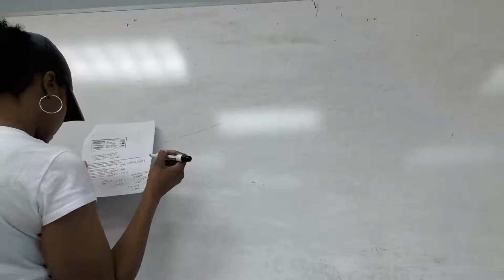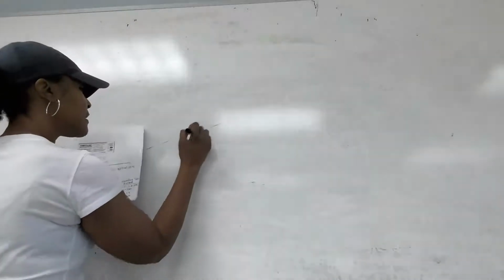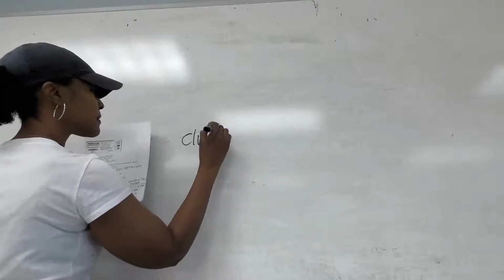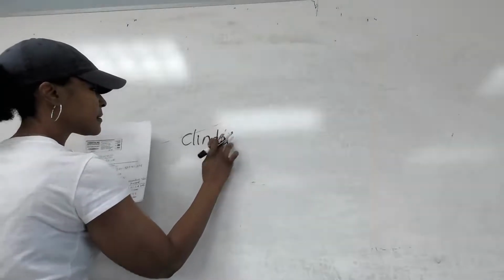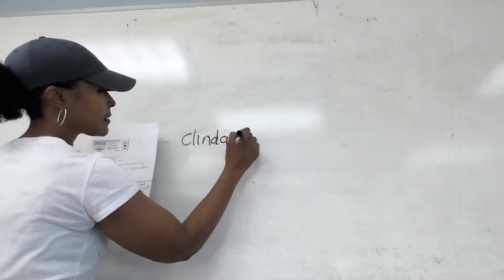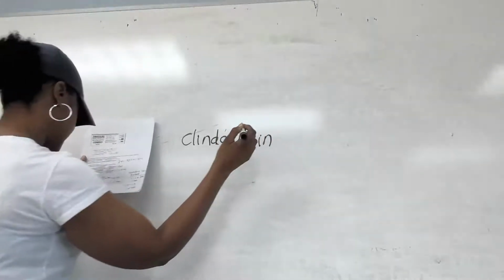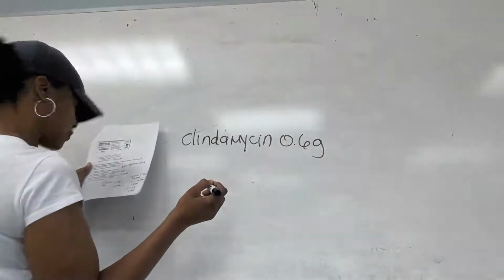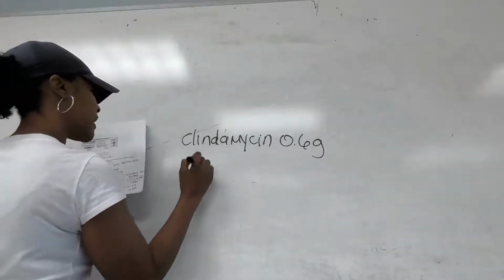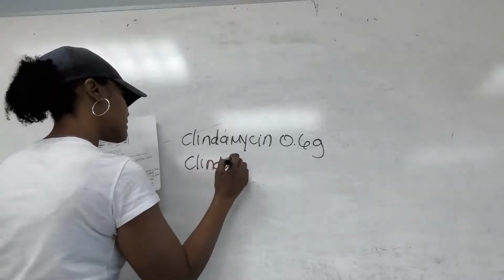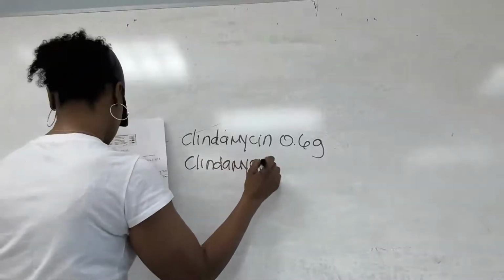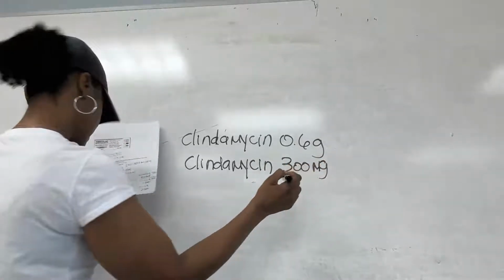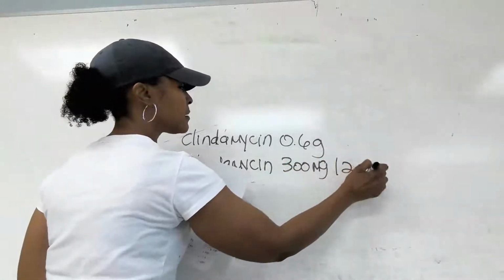All right, so number 19 is clindamycin, 0.6 grams. I'm just going to shorten it, okay? What we have available is clindamycin, 300 milligrams per 2 milliliters.